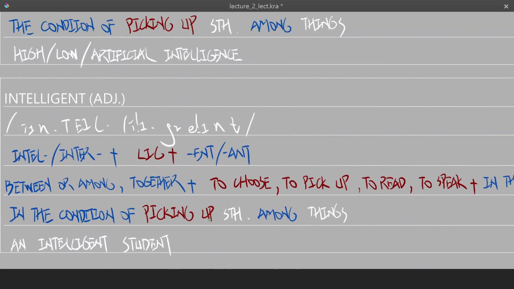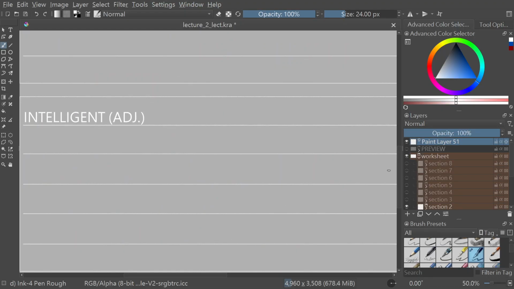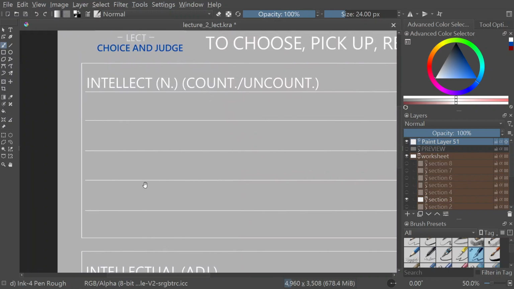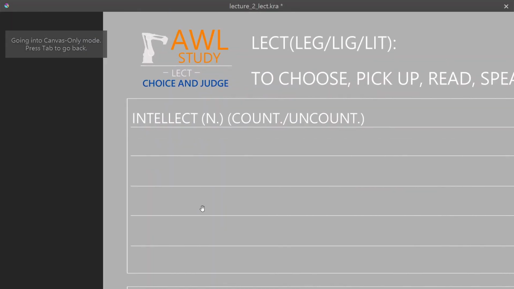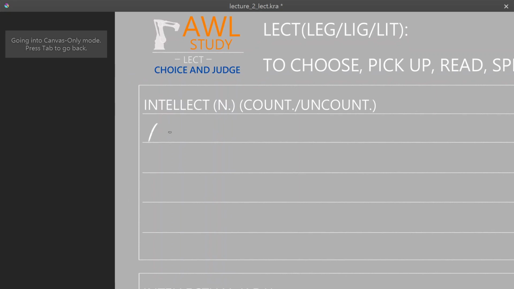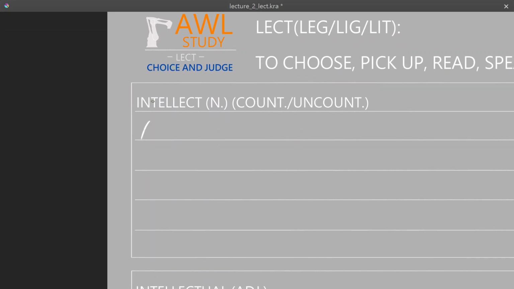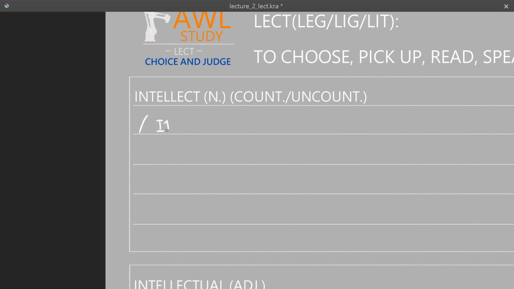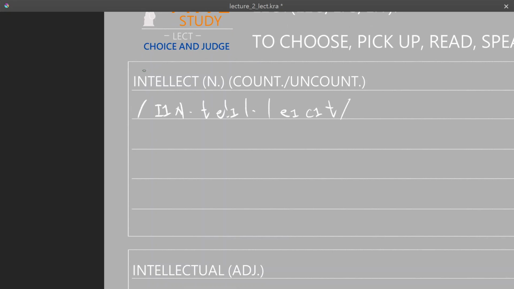All right, next, we have intellect. The stress is on the first syllable, so you say intellect.